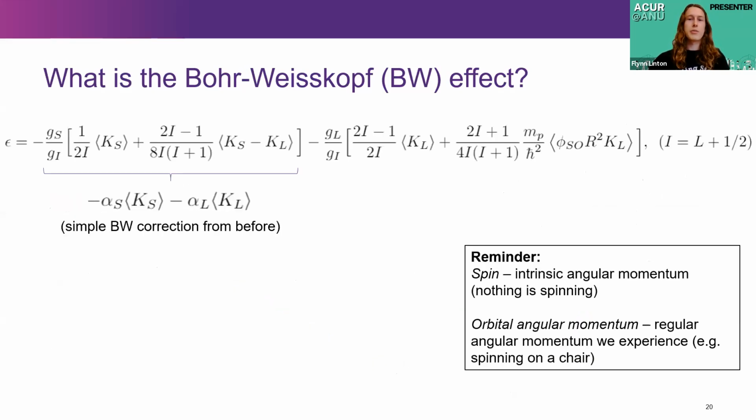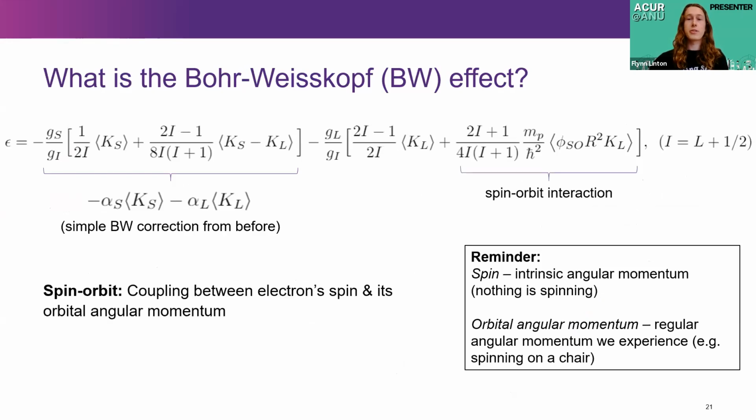So a more complicated model for the Bohr-Weisskopf correction, which is currently being used in the literature, also takes into consideration two additional contributions. First of all, spin orbit interaction and antisymmetry.